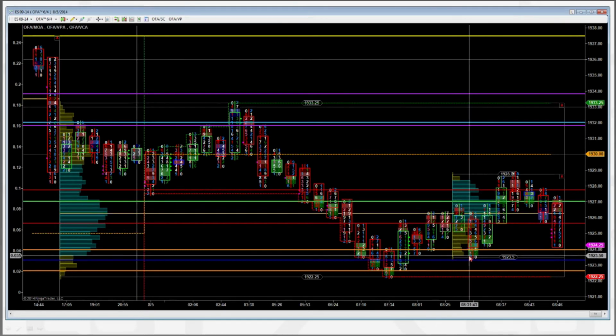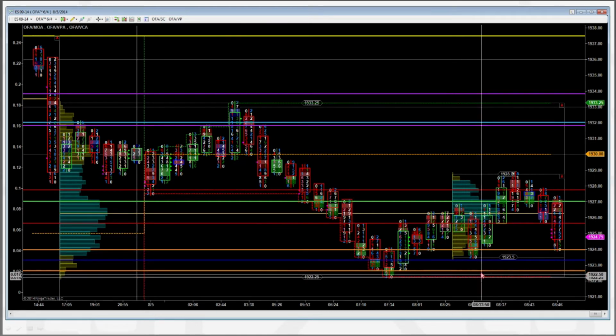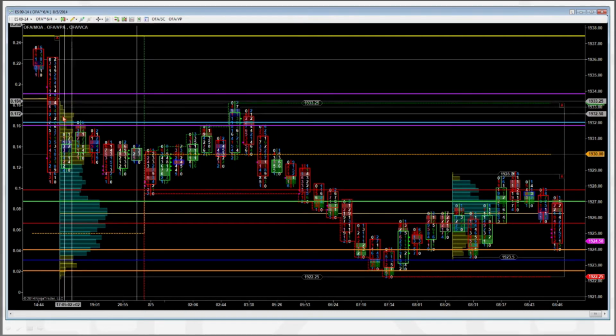That's our today, and this volume profile does not look finished to the downside. This looks like it has more room to the downside, and don't worry, I'm going to show you what that means. But I'm using a very tight probe and rotation, 6-4, right there, very tight on this chart.